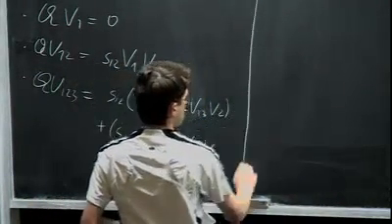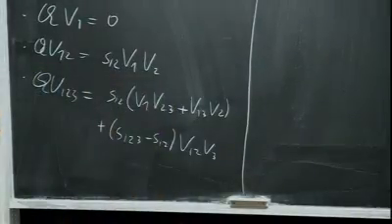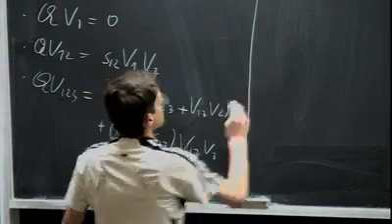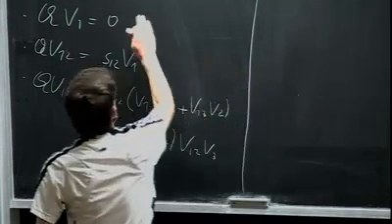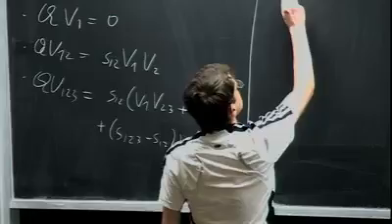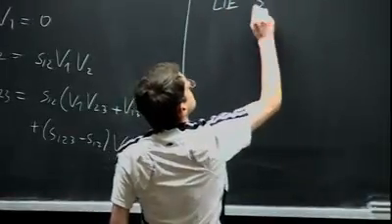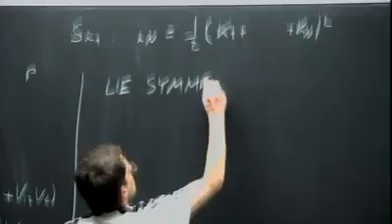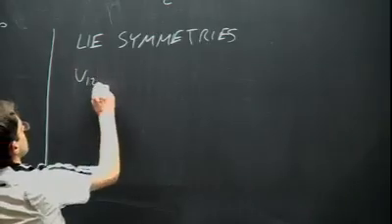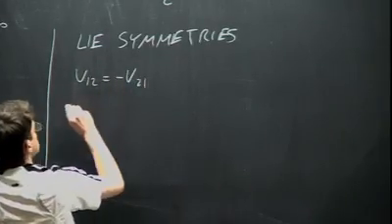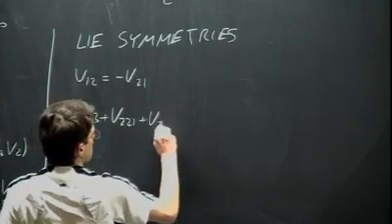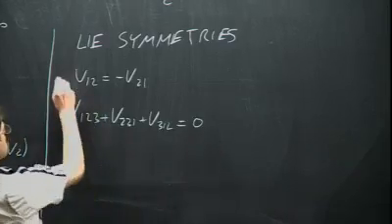You can start to see some structure here. Now, I also said that these VBs satisfy Lie symmetries. In particular, V12 is minus V21, and then V123 plus V231 is 0, and so forth.